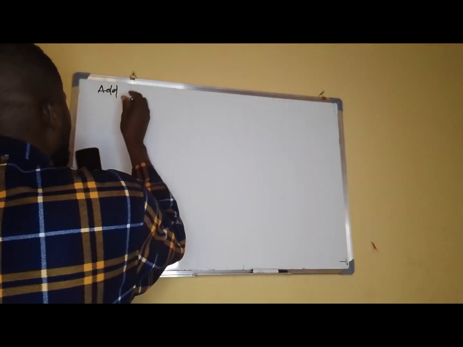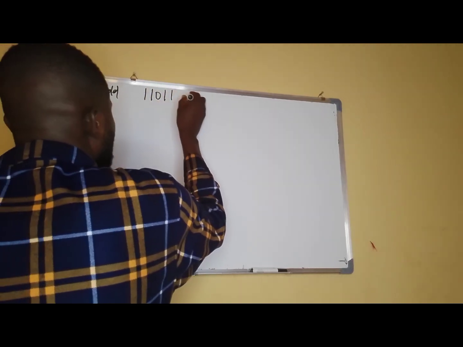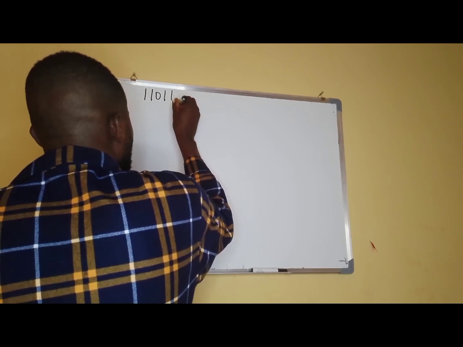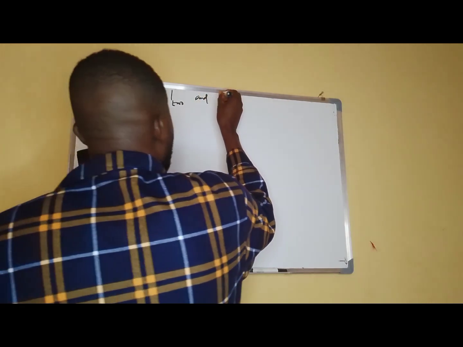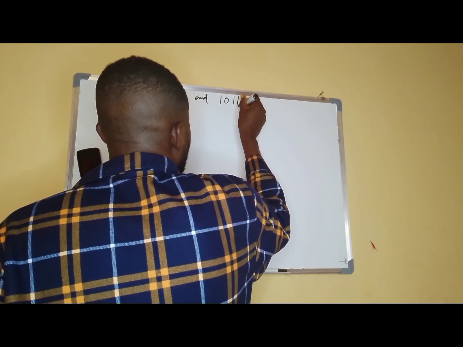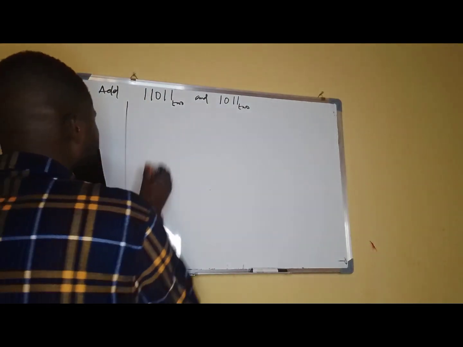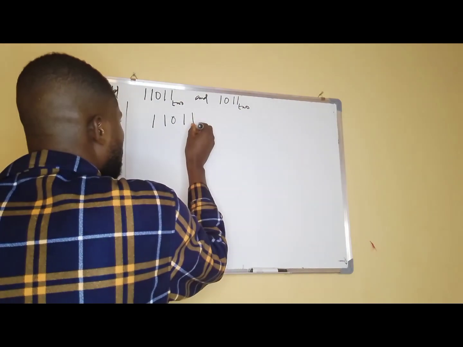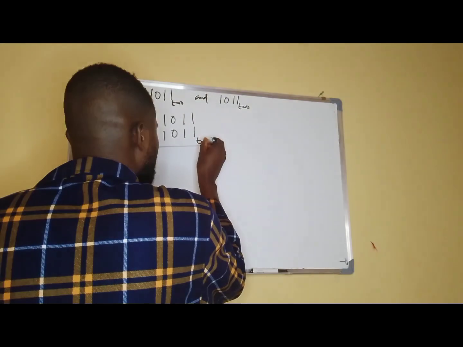Now add 11011 base 2 and 1011 base 2. Now this will be 11011 plus 1011, and all in base 2.